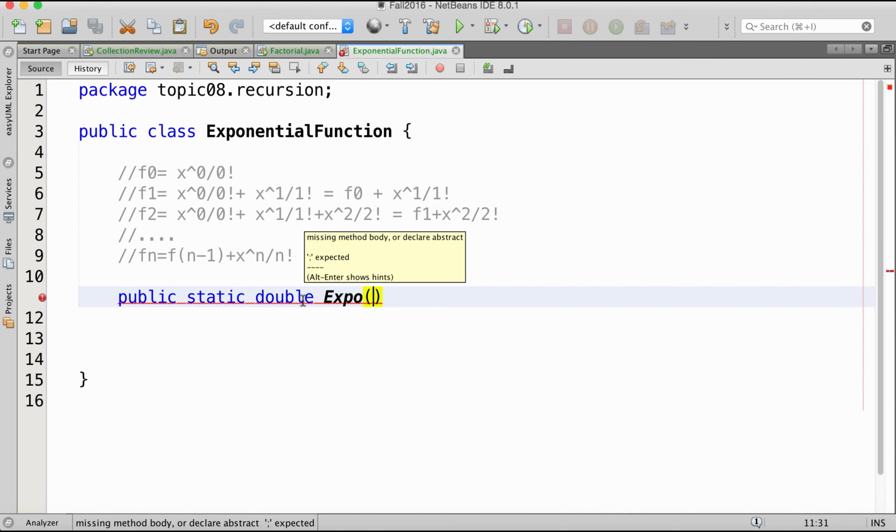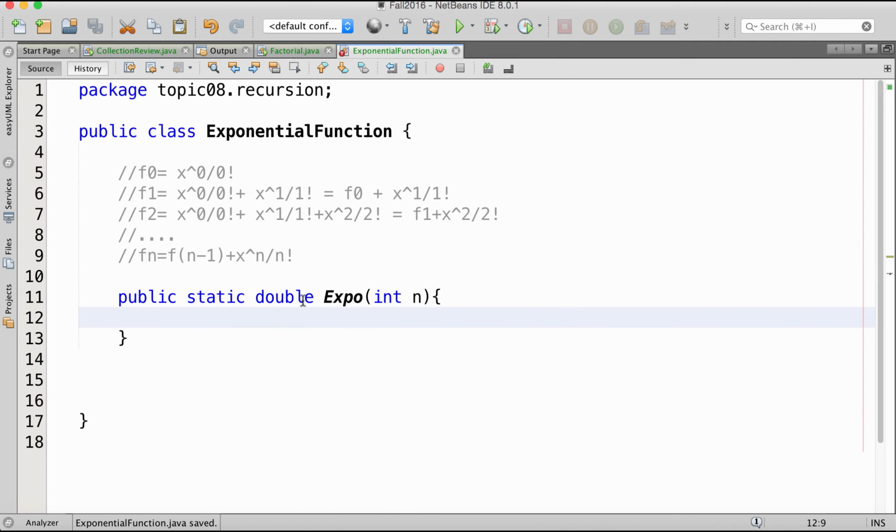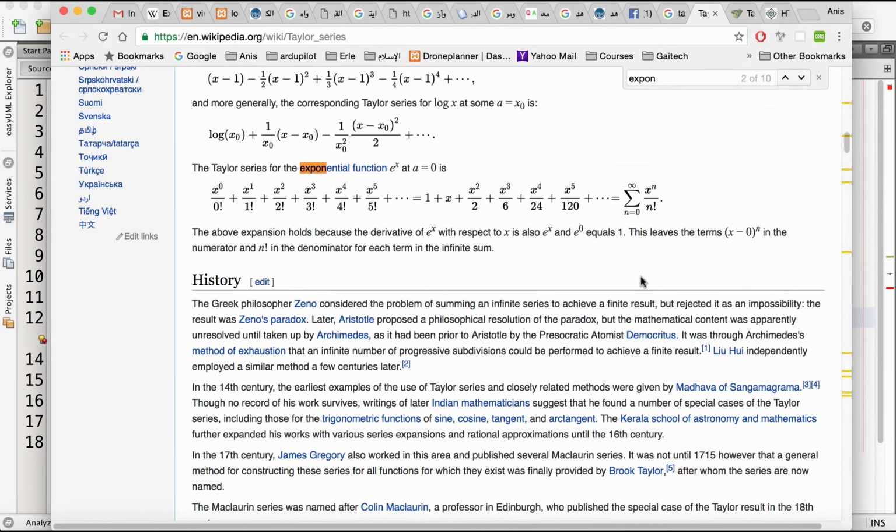So what parameters is it going to take? It's going to take in n, because this sum goes to infinity, but we cannot go to infinity. We have to stop. Maybe we stop at n equal to 10 or 11 or 20. So we have to make a certain number of iterations.